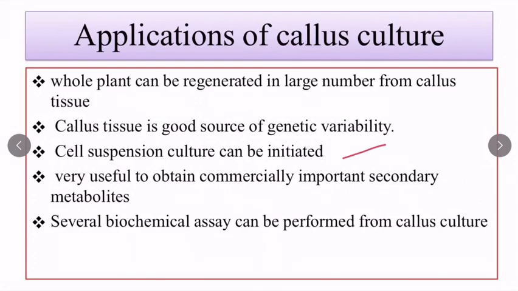Single cells of callus are taken out and poured into a nutrient medium which must be in the liquid state, and they are continuously agitated on a shaker, so that because of providing more air space there is large growth of cells. Further, this can be used for the isolation of secondary metabolites or for induction of mutation. It is very useful to obtain commercially important secondary metabolites. Several biochemical assays can be performed from the callus culture.